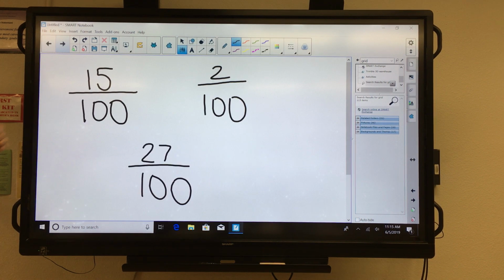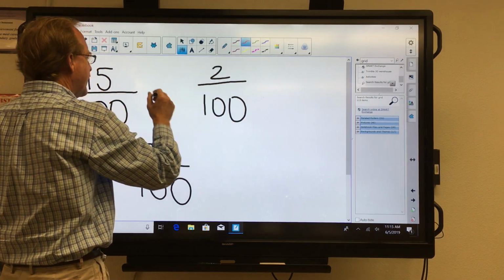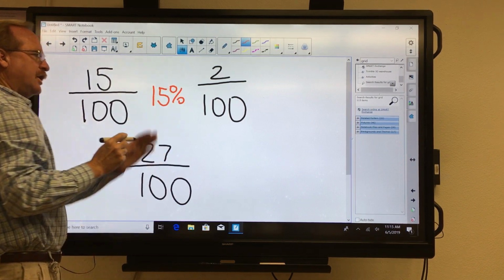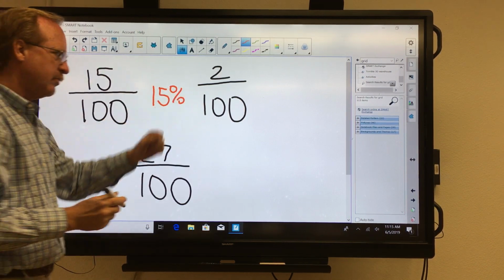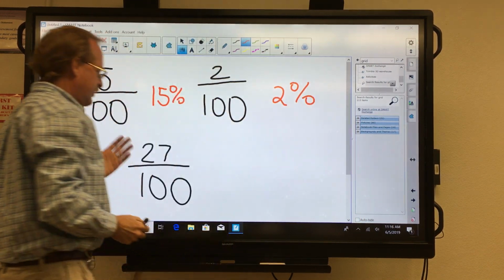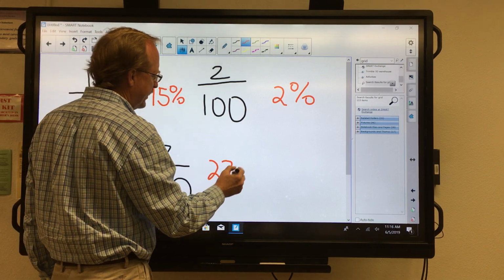It's really easy. First off, if your fraction has a base of 100, you're going to love this. 15 over 100, that is 15%. 2 over 100, 2%. 27 over 100, 27%.